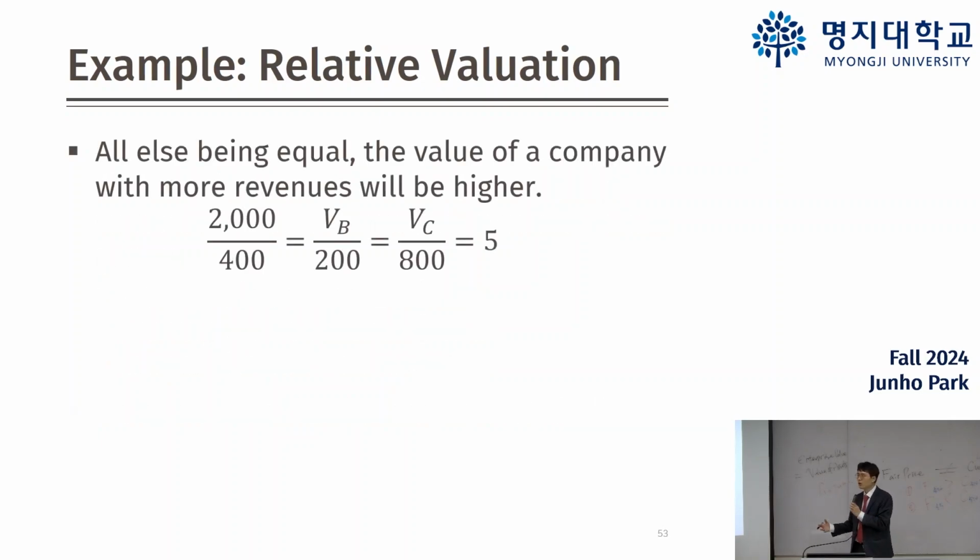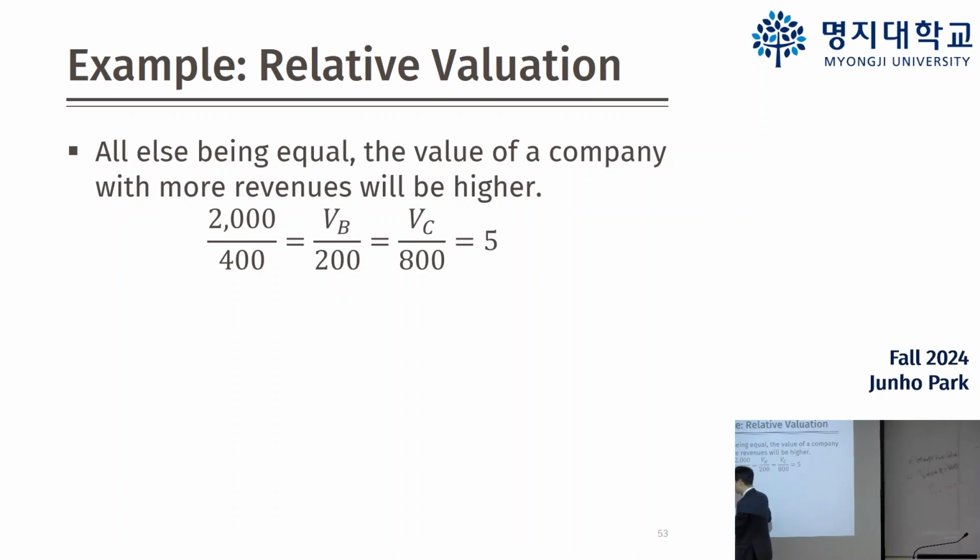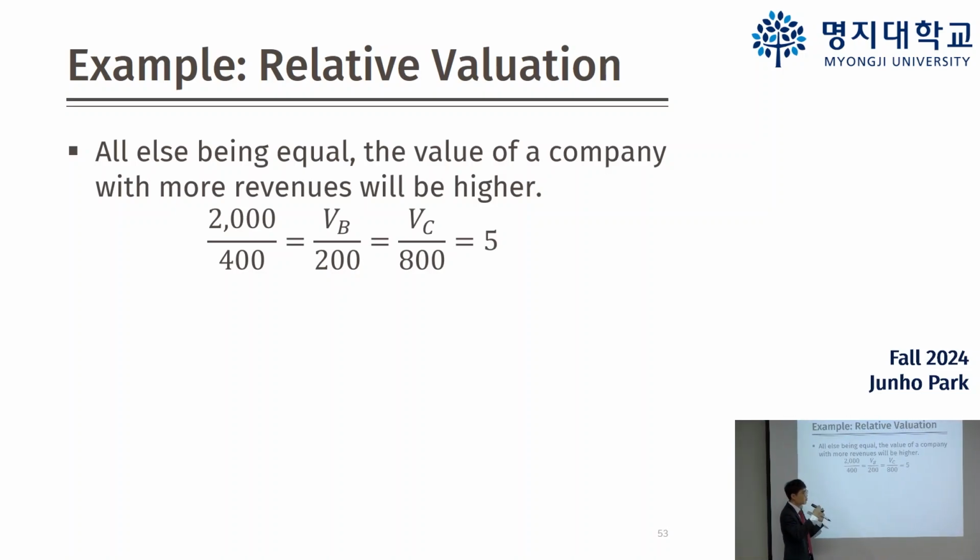And then, all else being equal, because these are simple manufacturing companies, we can assume that the value will be higher if the company sells more. Therefore, we can make this equation. The value of A was 2,000 in terms of million, and the revenue was 400. So we can guess that the value should be 5 times larger than its revenue.